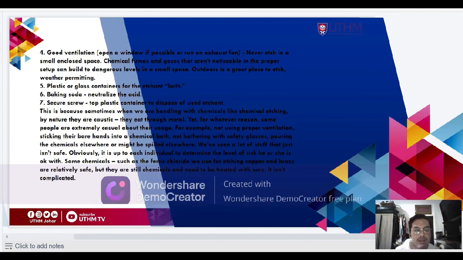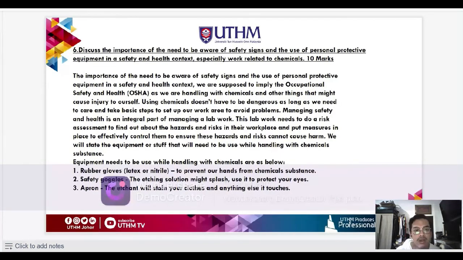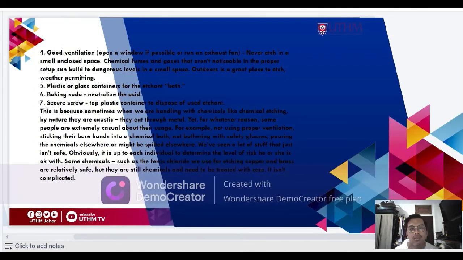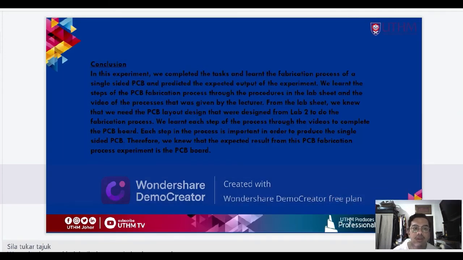That's all the equipment that needs to be used while handling chemicals. These are really important because we need to alert ourselves that safety is the first thing that we have to know.